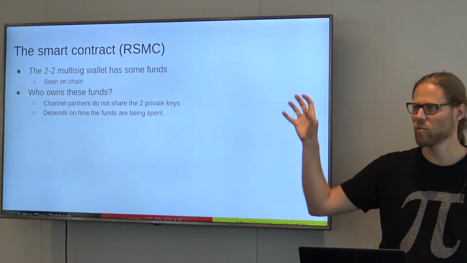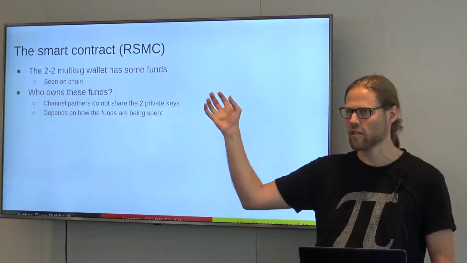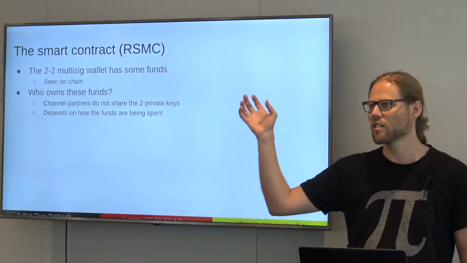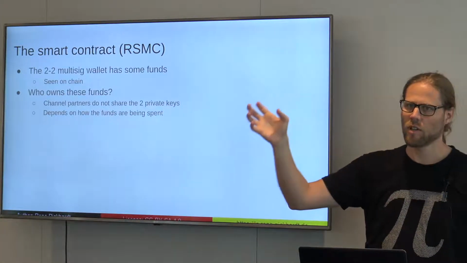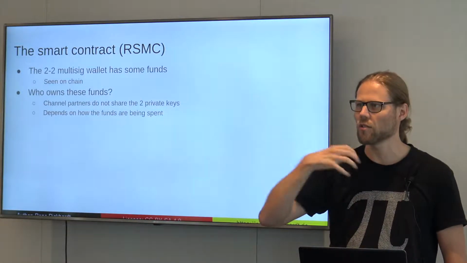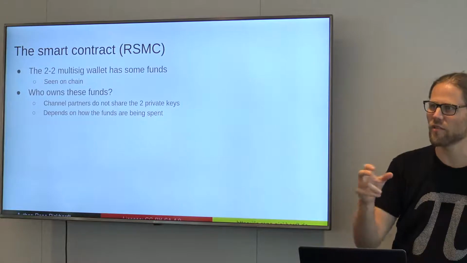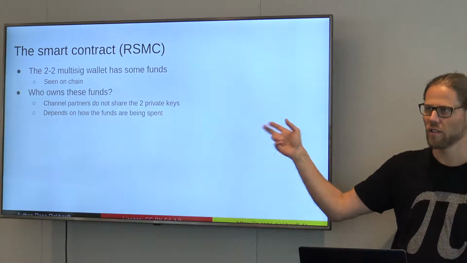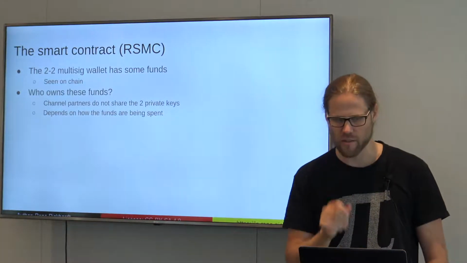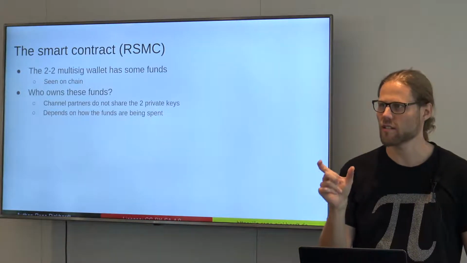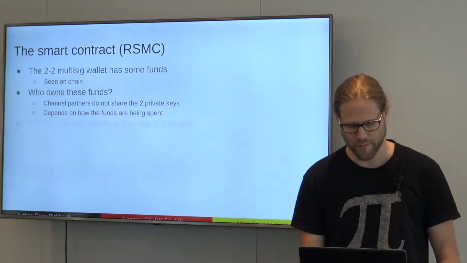So I have this multi-signature wallet, there are some funds in it, and I make a transaction, and in this transaction I'm saying, well, 60% of the Bitcoin go to me and 40% of the Bitcoin go to you. And this is how we define ownership of the funds in this wallet. The transaction is defining the ownership.